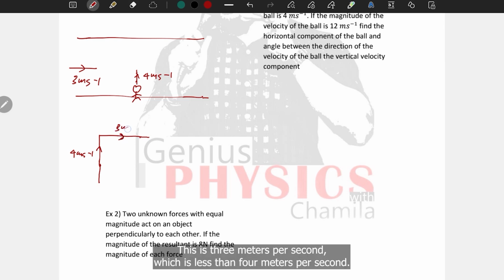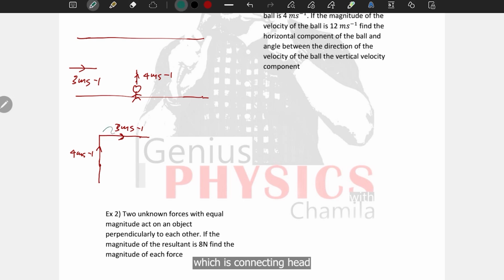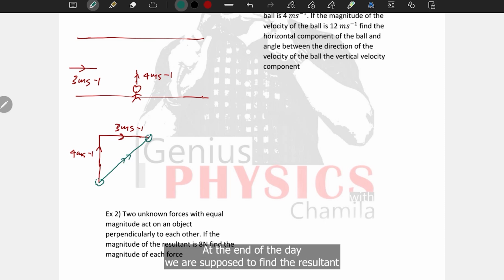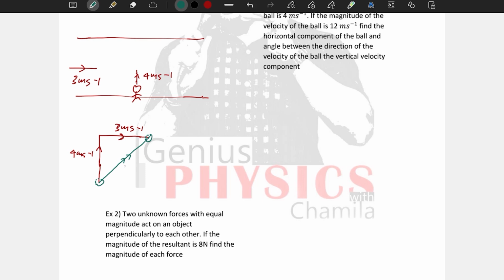This is 3 meters per second, which is less than 4 meters per second, right? Now I have already satisfied the required condition, which is connecting head with the tail. Now the open head and open tail can be connected like this to find the resultant, as that is our ultimate objective.